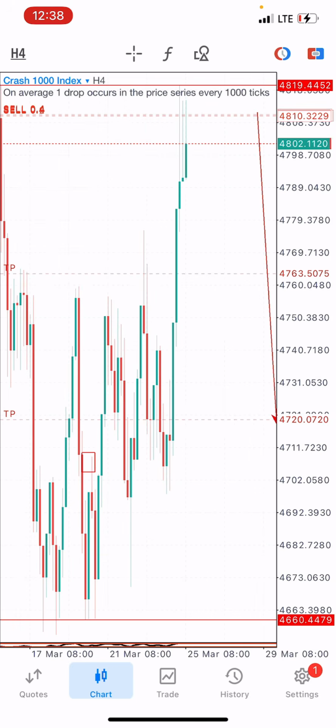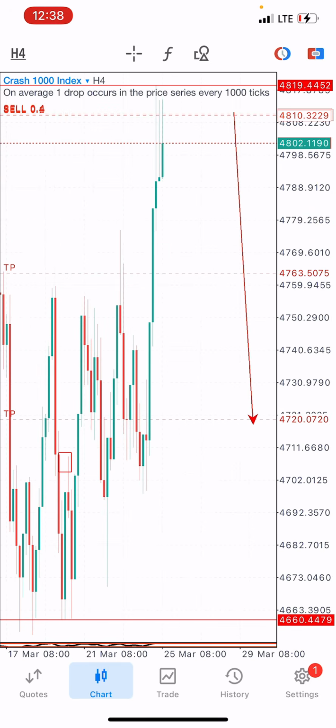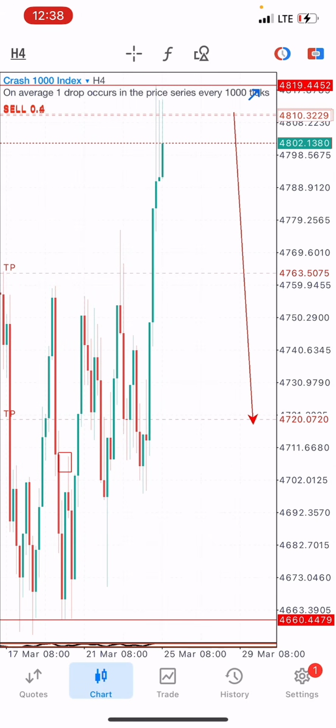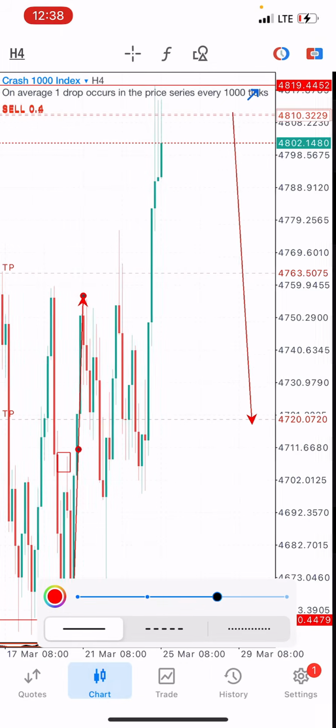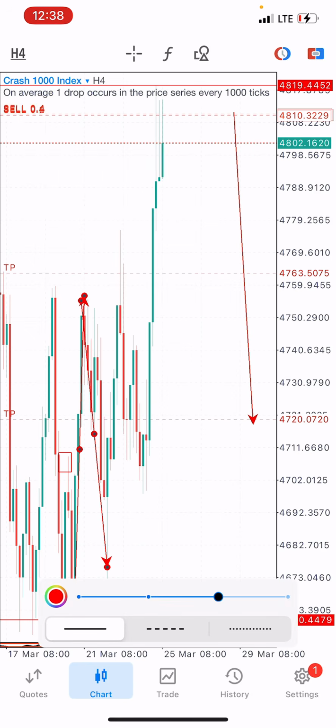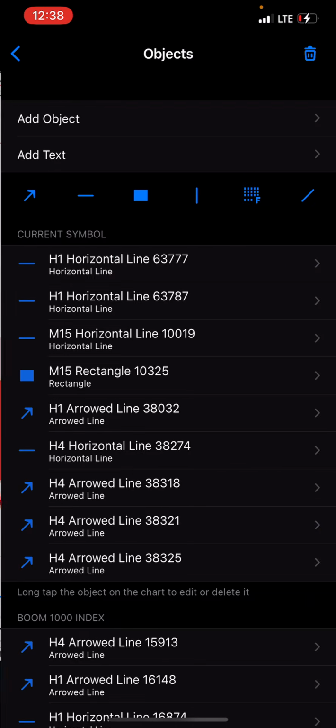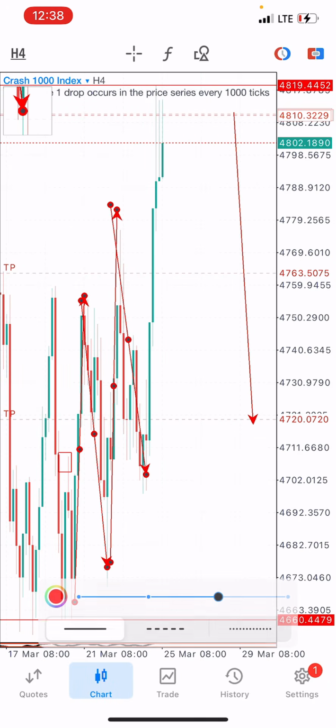Then after this, you can also see the market structure. We are in a bullish market structure. We have a higher high right there, higher low, higher high, higher low and higher high.